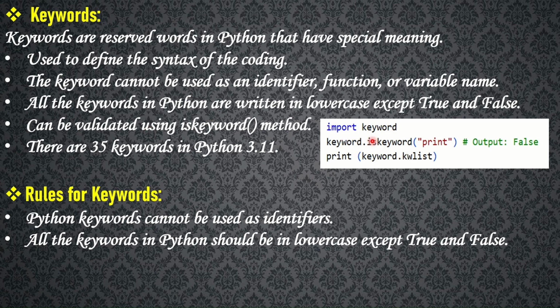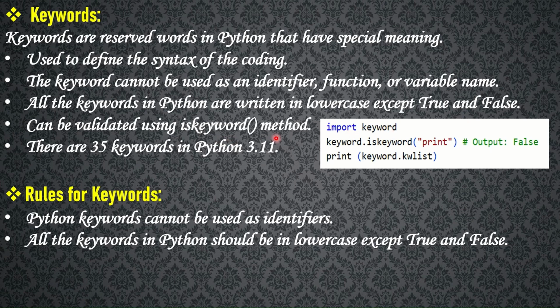So here I have given one example. In order to check whether the given keyword is valid or not, we can make use of this import keyword. In Python, we have some built-in libraries, and from those built-in libraries, we need to import some modules.